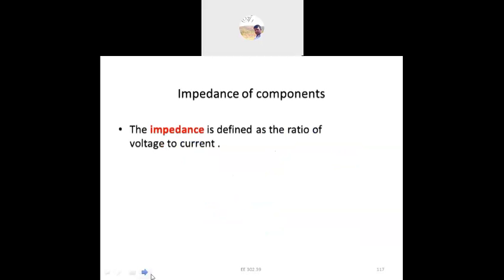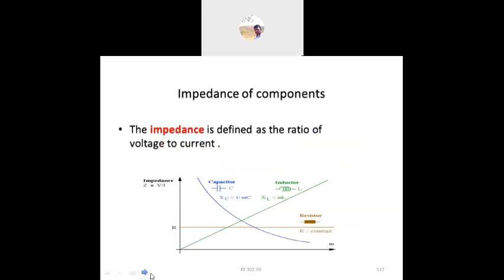Next we'll talk about impedance. Impedance is defined as the ratio of voltage to current. In a circuit with resistor, inductor and capacitor, combining all three is called impedance. It is the opposing force in the circuit.